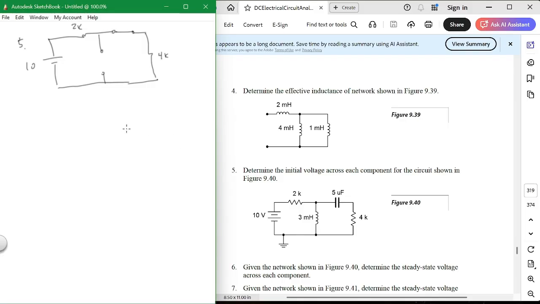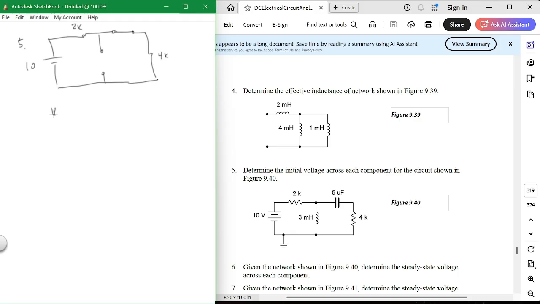So what's the voltage across the 2K? It's voltage divider. See how voltage divider is so important? When you were learning this in resistive circuits, you said, another rule to learn. You use it again and again and again. So here we use it. It's 10.